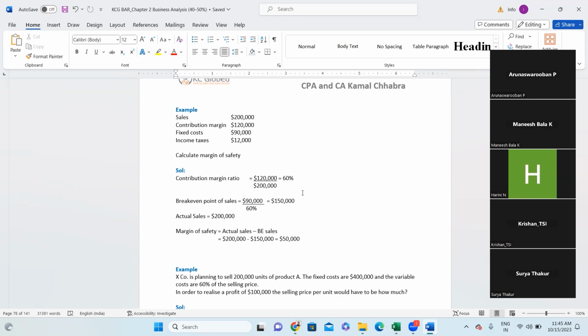Yes. Arun, Manish, Harini, Krishan, Surya. Guys, can you calculate this? Yes, sir. So what is contribution margin?